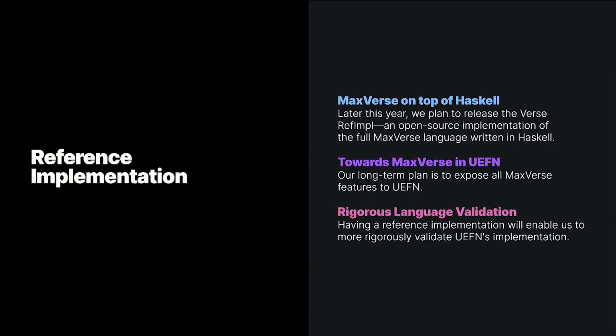So this will show you where the Verse programming language is headed. And the promise is that the Verse in UEFN is always going to be a strict subset of that and grow until it becomes that, which will allow us to perform validation as we go. So the reference implementation will be the standard that we compare against.